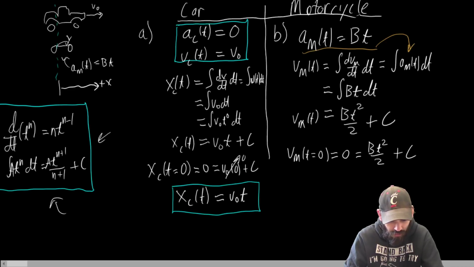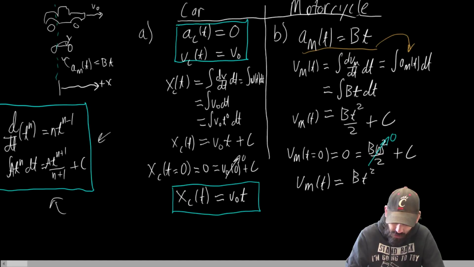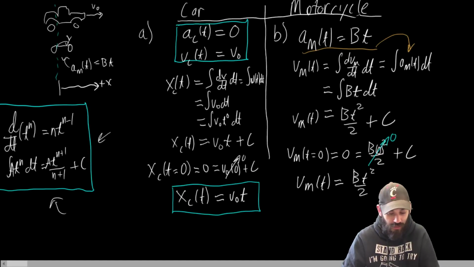We have to be careful here because our time is being evaluated, and so really this is just 0 squared. So this goes to 0, and that says that this constant of integration is itself 0, and so the velocity of the motorcycle as a function of time is just going to be equal to bt squared over 2.